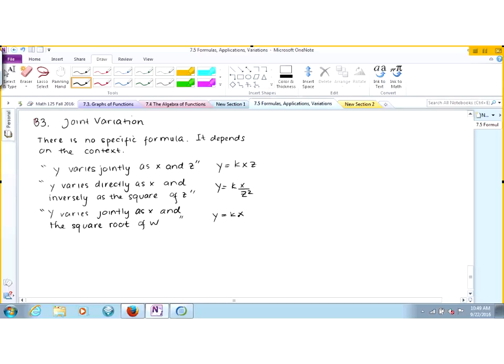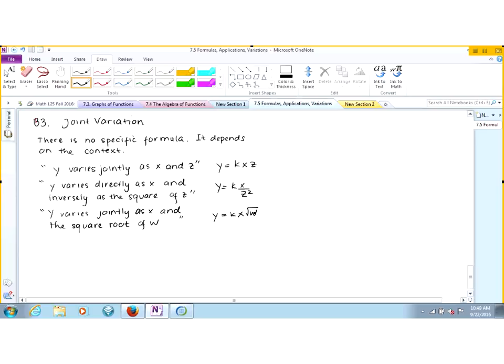K, remember the K. K what? X, X what? X over W squared. Why is it over? Does it say inverse or no? No, so it's upstairs. So it's not in the denominator. So how do I write square root of W? If there is no inverse, then we don't put anything as the denominator. Make sense? All right, good.